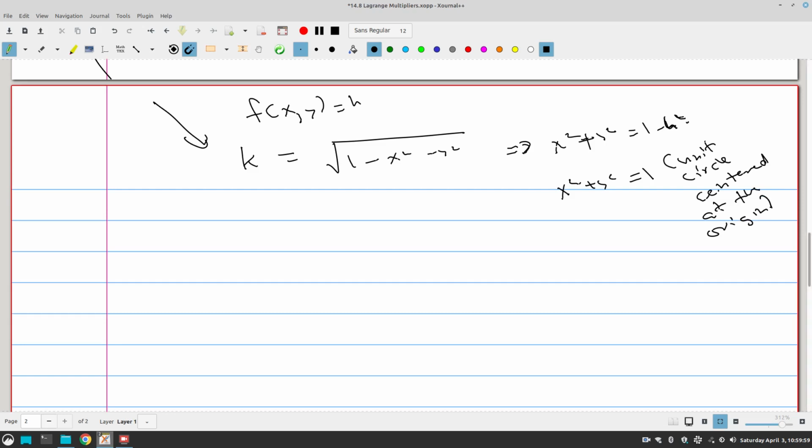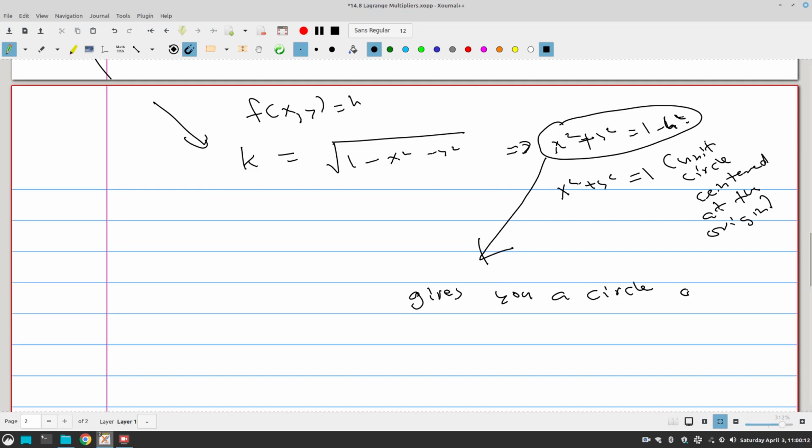And notice that this equation gives you a circle of radius square root of 1 minus k squared, where of course k can be 0 and k can be 1. So this is the restriction on k.